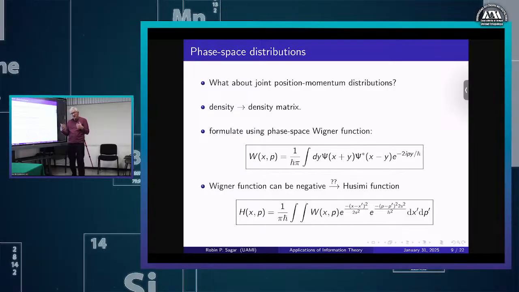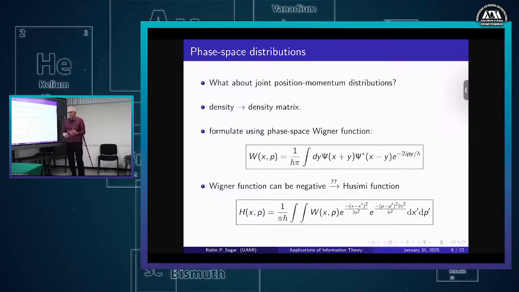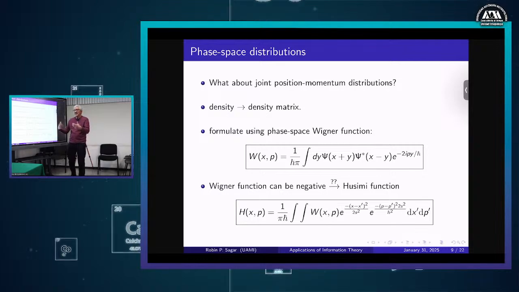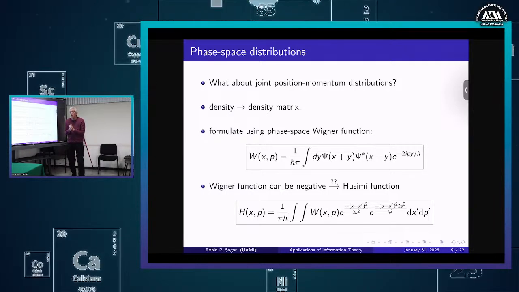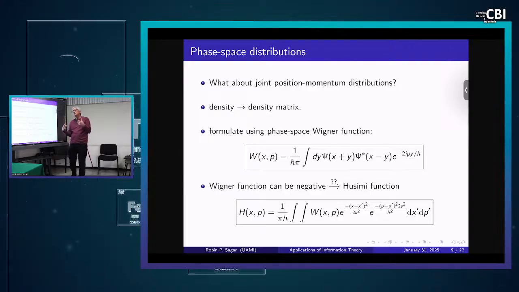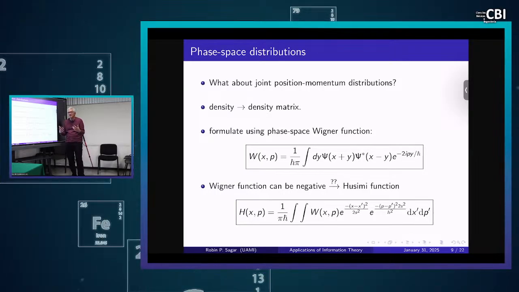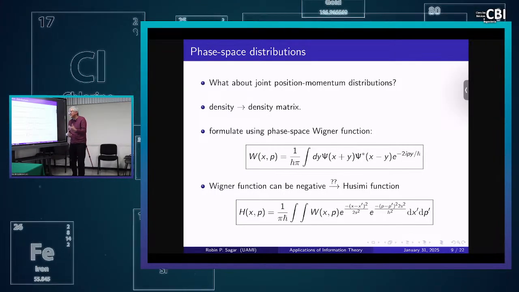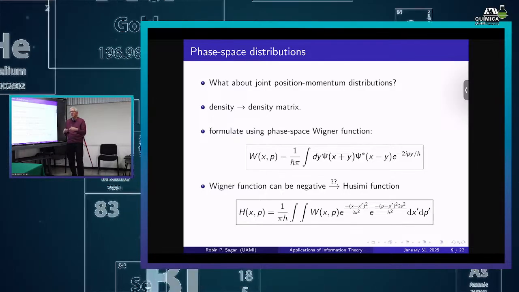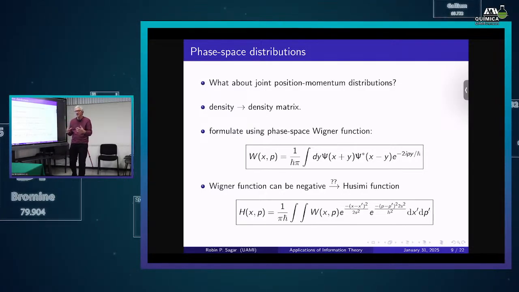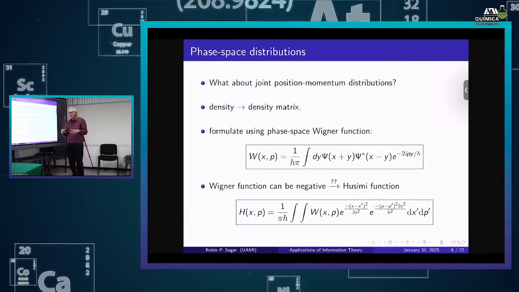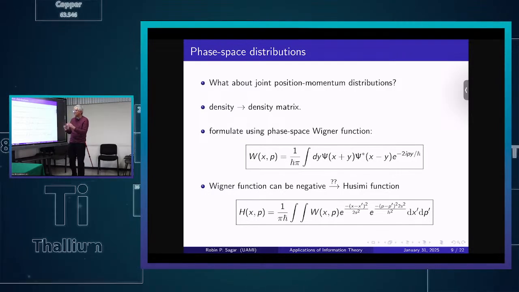Because there are regions, for very many systems, where the Wigner function can be negative. So people say, if this is negative, then how can you interpret that as a probability? This is why people use the word quasi-probability. You know that it normalizes to 1, but it has negative regions.